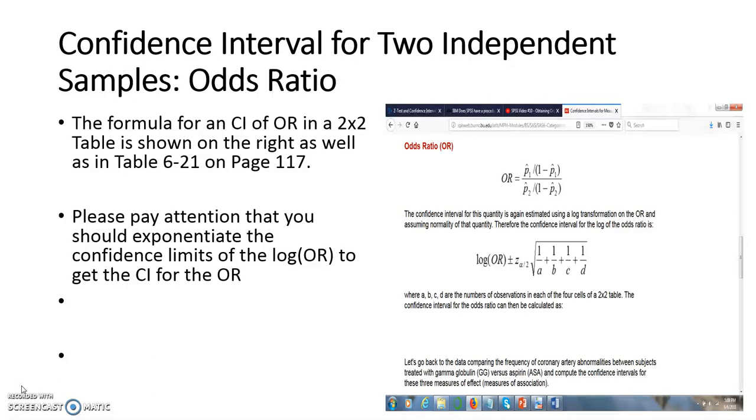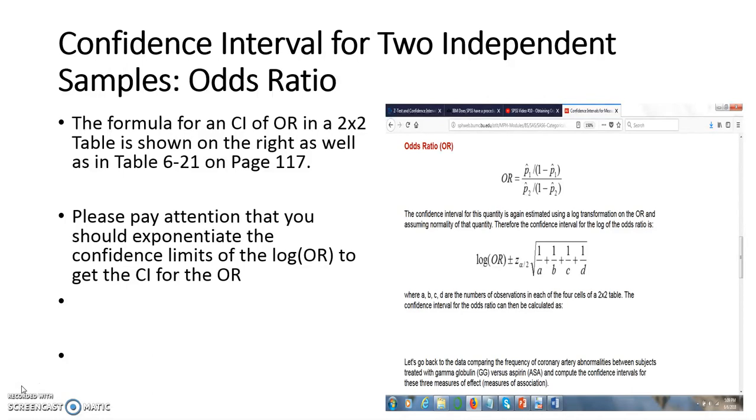And the formula for a confidence interval of OR in a 2x2 table can be found in table 621 on page 117. And also you can find a representation here on the right-hand side. So you can see an estimate for the OR using the sample proportions.